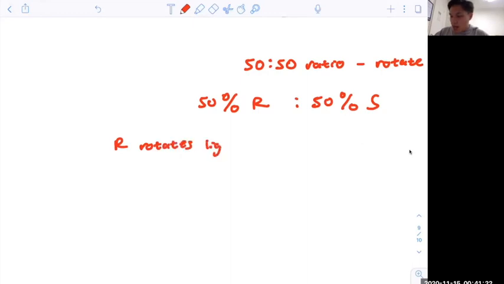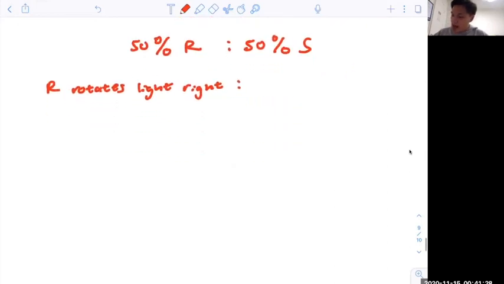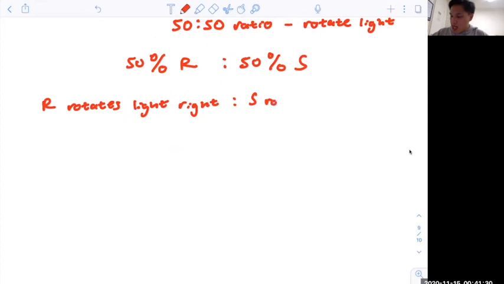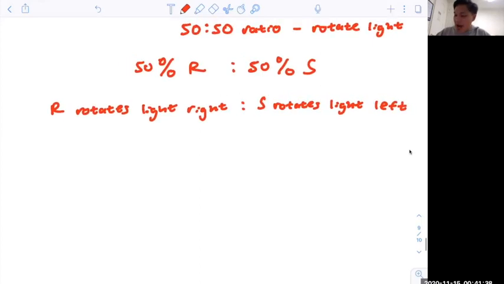And then let's say S rotates light to the left. If we just have 100% of R, it would rotate it to the right. If we have 100% of S, it'll rotate it to the left, okay?